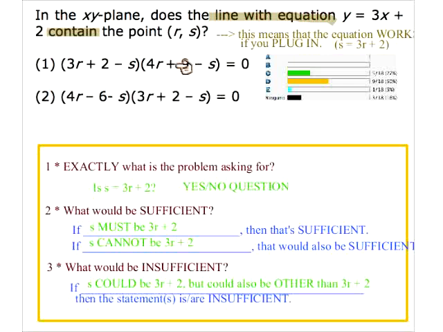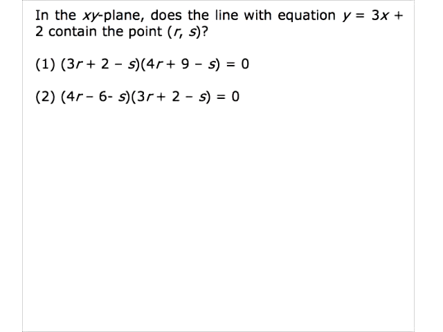Okay. Here's the problem again. So at this point, as soon as we figure this out, we are done with coordinate geometry. We don't need to think about lines here at all anymore.